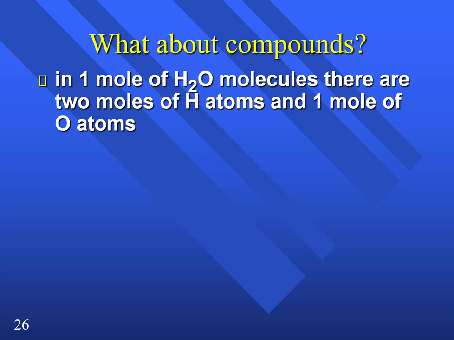But I can look up H and O. And then if I figured out how much the H weighed and how much the O weighed and added them together, that would tell me how much H2O weighed.